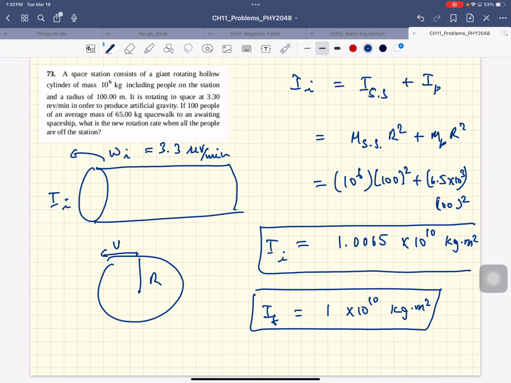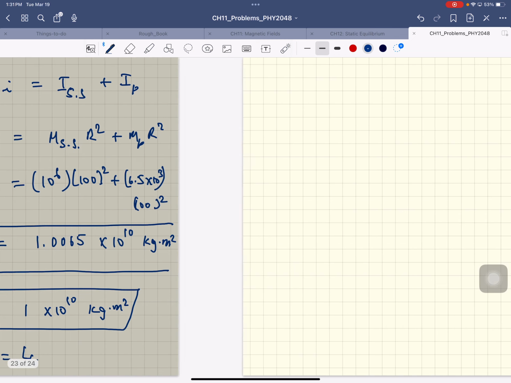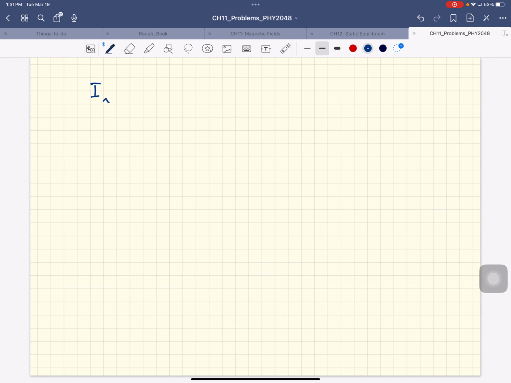All right, so again, what kind of problem is this? Conservation of angular momentum. So I initial omega initial equals I final omega final. Omega final is I initial over I final times omega initial.